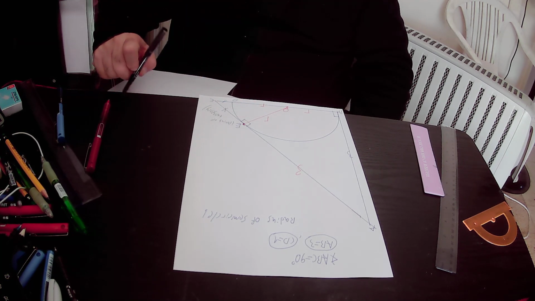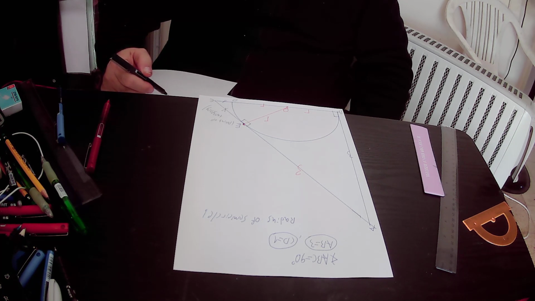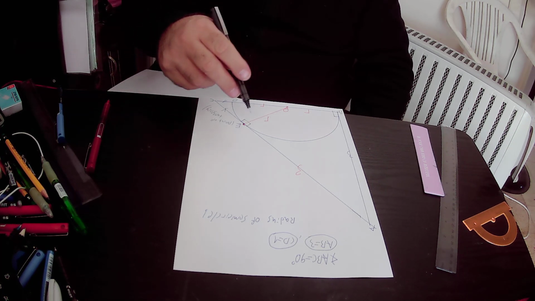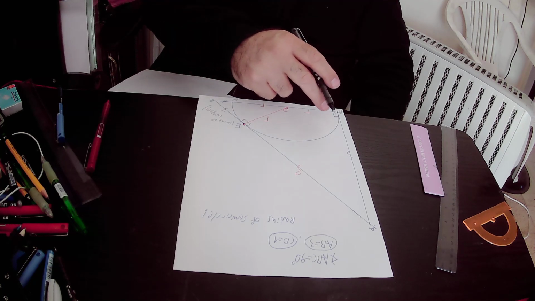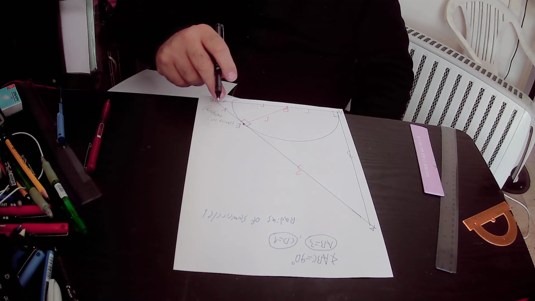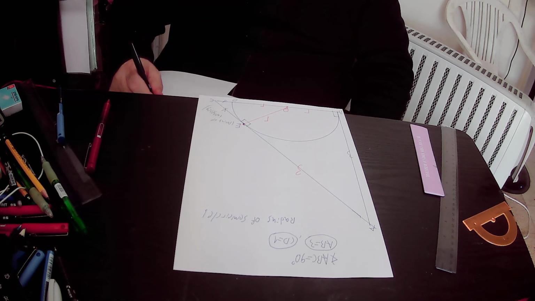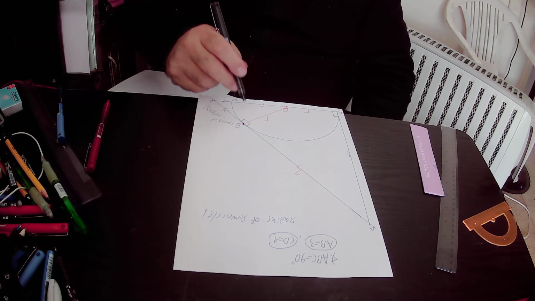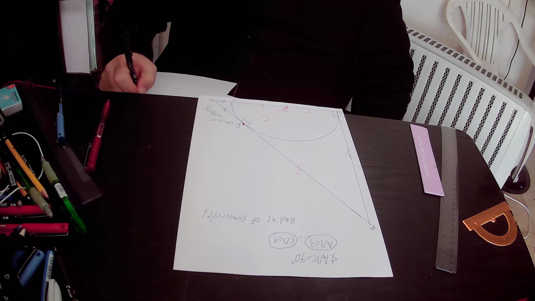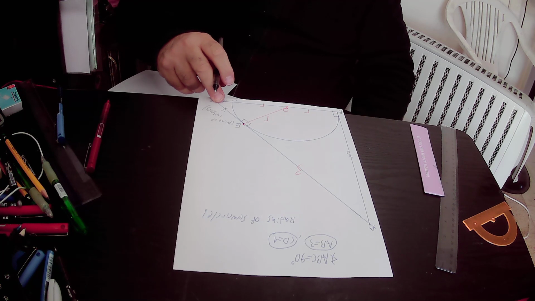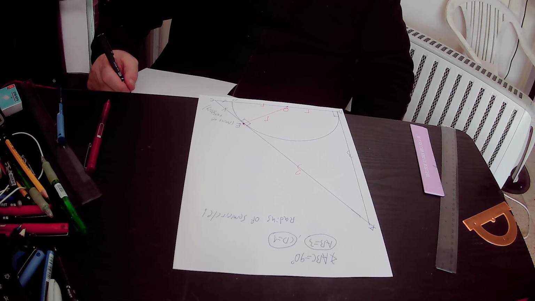So we can write down that angle ACB of the big right triangle, triangle ABC, equals to angle OEC, and this angle is a common angle because it belongs to both triangles.